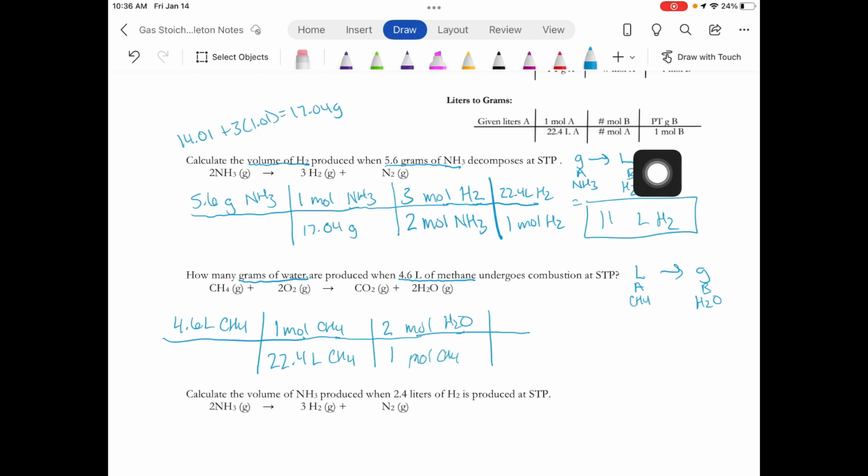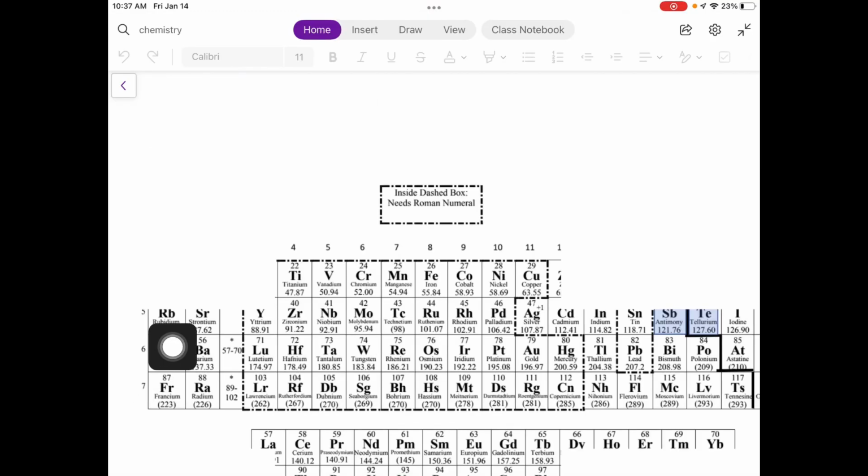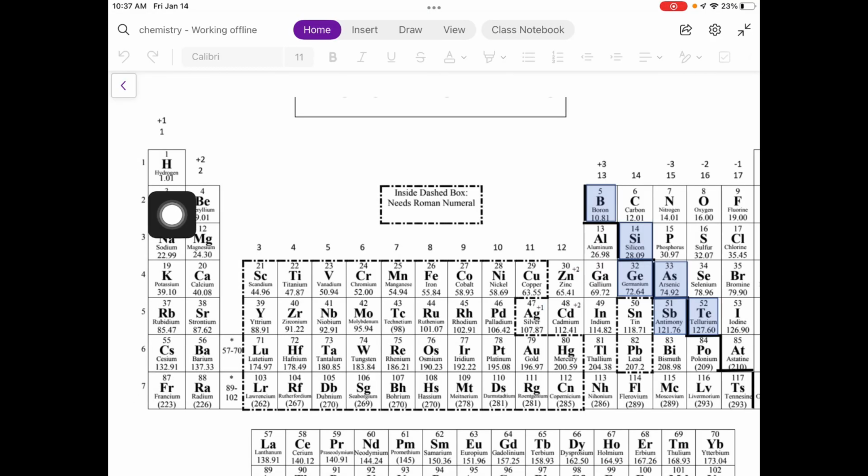Then on the bottom will be our 1 mole of B, which is your water again. On top is going to be your periodic table mass of your water. So if we go to that periodic table, hydrogen again is 1.01, and now we have also oxygen, which is 16.